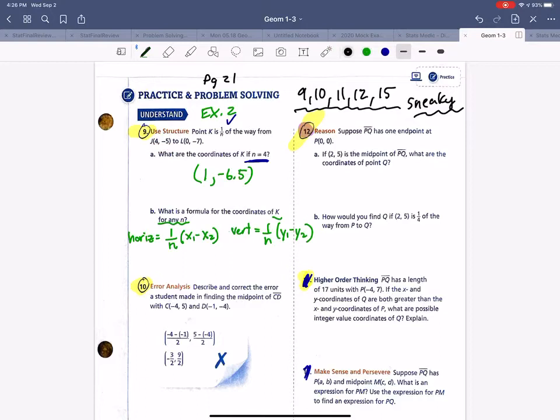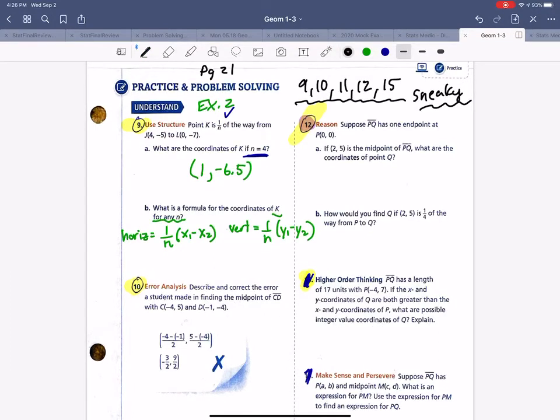So let's do that. I'm going to subtract my 2 x values, 4 minus 0. I get 1 over n times 4, which is the same as 4 over n. Then remember, I add in my first x coordinate, 4. That's my first value. In my vertical, I subtract the y values: -5 minus -7.